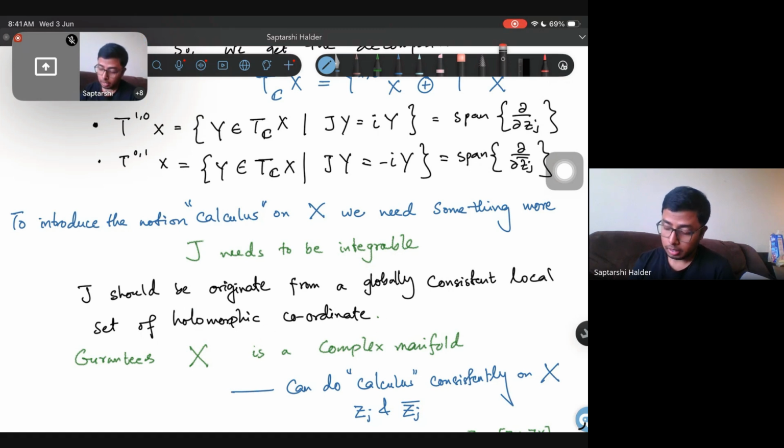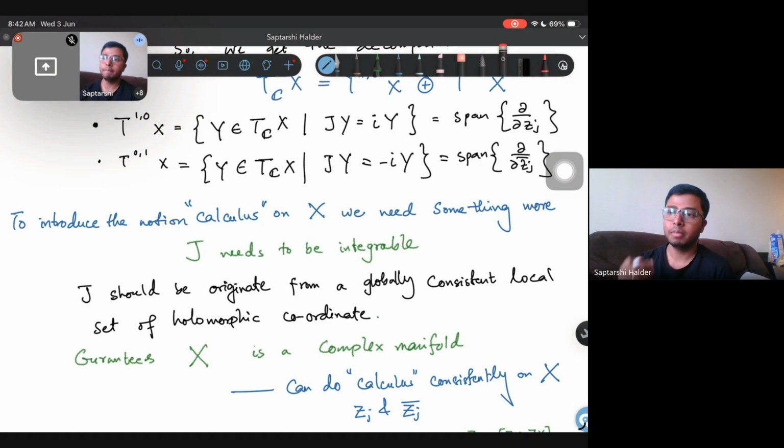Why is this true? Because for a function in C^n, its holomorphicity is based on a point and a small neighborhood around that. But if we want to do calculus or analysis on the whole manifold, that small information is not going to help us. We need global information.